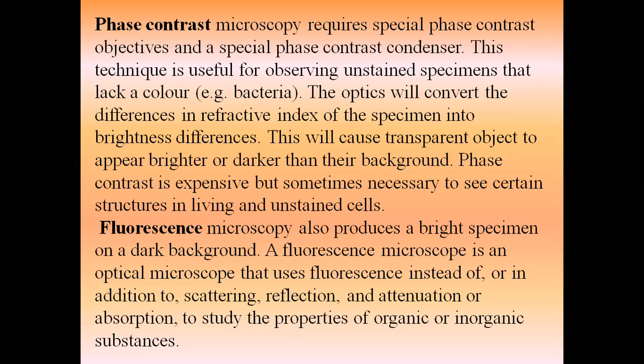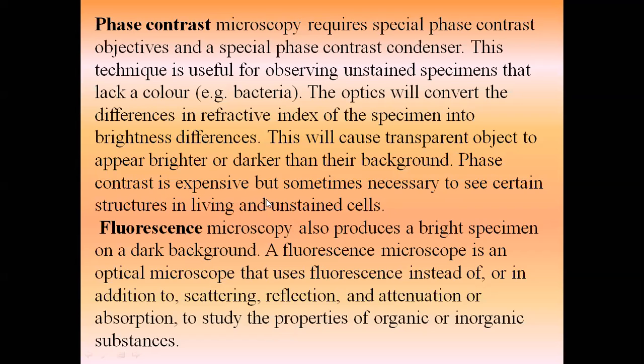Once the light passes through the aperture, if it falls on bacteria or some glass fragments, obviously there will be some change in its refractive index. As a result, the change in refractive index will make the object appear. It will make an image, and that image we can see in the microscope.